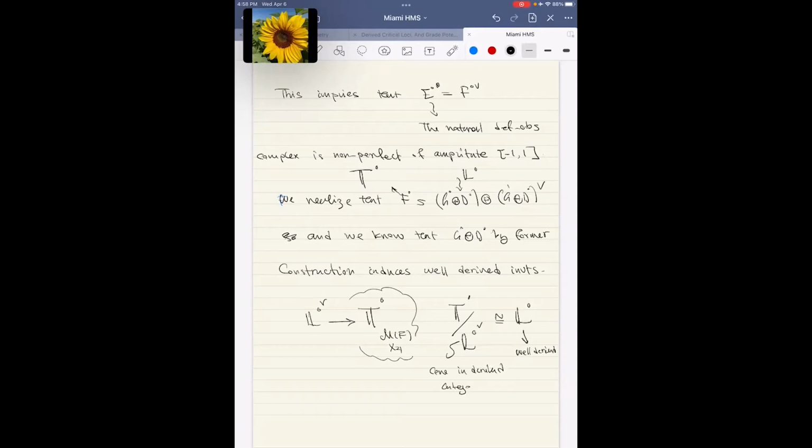And then I hope that I'm left with L dot, which has a piece which induces well-defined invariants. So if you look at it, everything in here, L dot has half derived categorical rank as F dot. So you can really think of this derived categorically. This is similar to a Lagrangian.